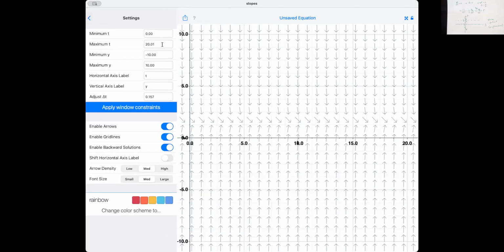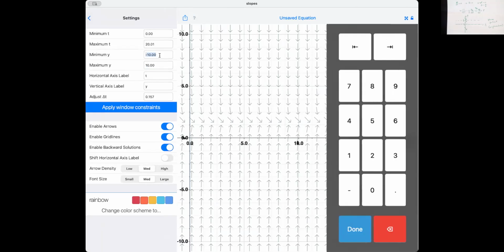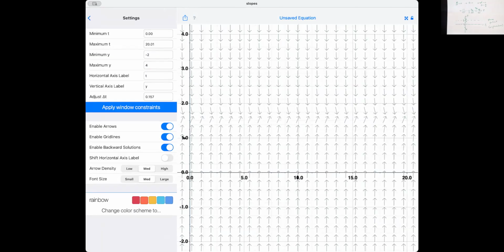Settings. There we go. Now you can see it a little bit better.